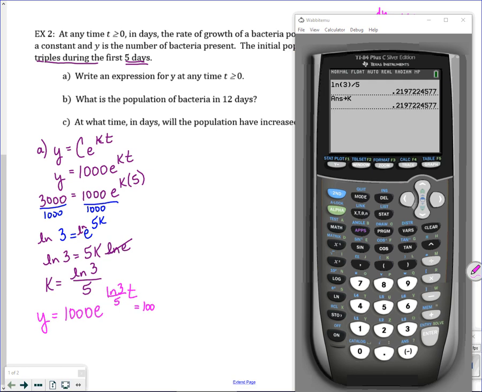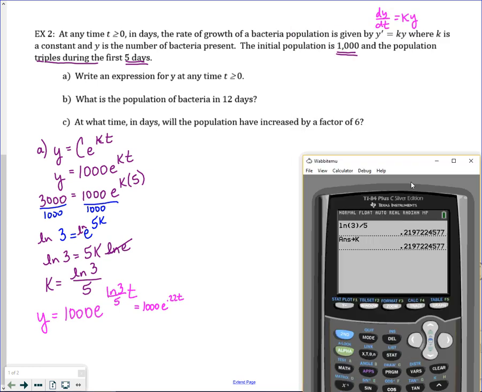So again, if you wrote 1,000 e to the 0.22t, with k rounded to 3 decimal places, would you get credit for that? Yes. But if you're using 0.22 versus the whole value of k, your answer is going to be way, way off. So make sure that you're not rounding.